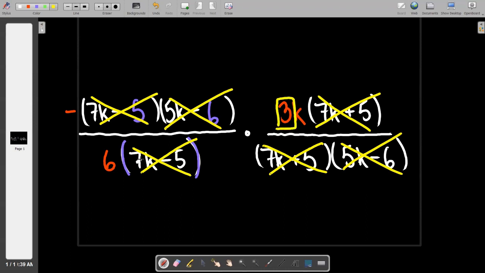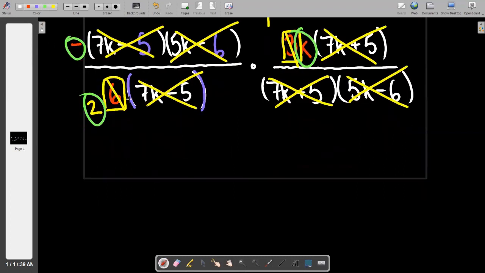This 3 and this 6 can both be divided by 3, leaving a 1 and a 2. And the only ones left standing, I'm going to circle them in green, are this negative sign, this K, and this 2. Wow. That's the definition of a fruitful endeavor. So yes, the answer is definitely negative K over 2.